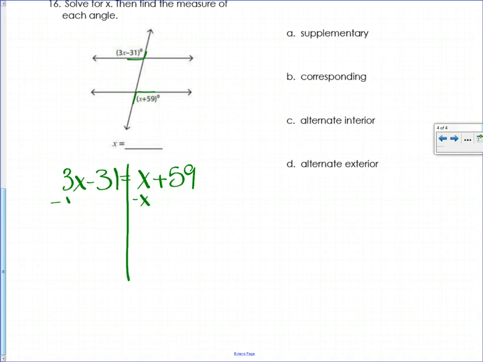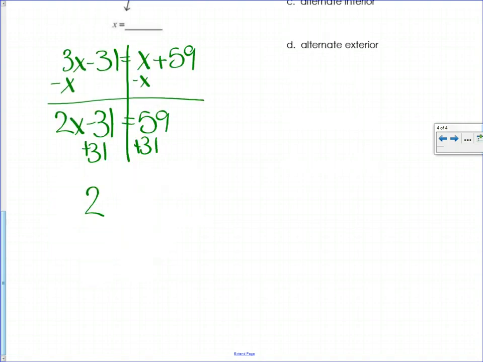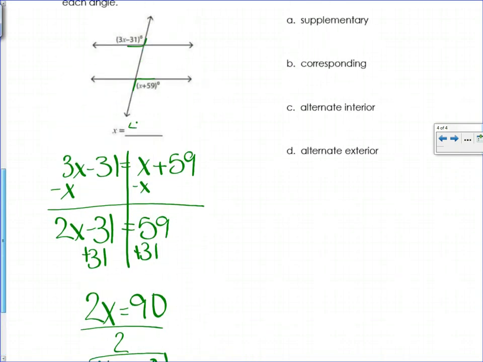Solve, subtract x. 2x minus 31 equals 59. Add 31. 2x equals 90. Divide by 2. X equals 45. Okay, so that's the first part. x is 45 degrees.